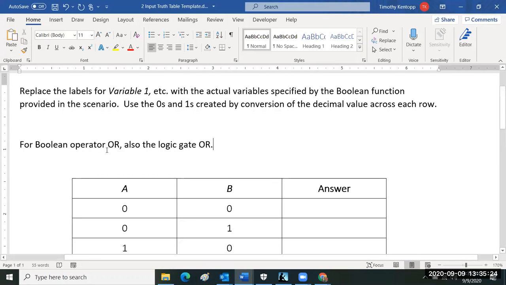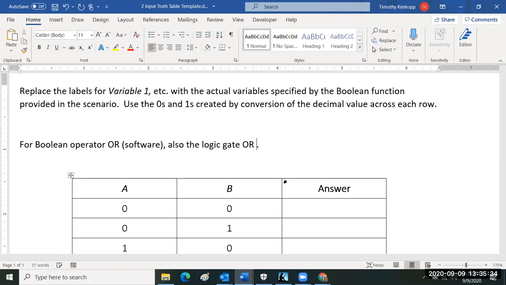The Boolean operator or is software. It's an equation. It's a statement in a programming language. You can basically do it in software, right? The logic gate is hardware. It's physical. There are materials in nature that you put together and it functions like a Boolean operator called or.